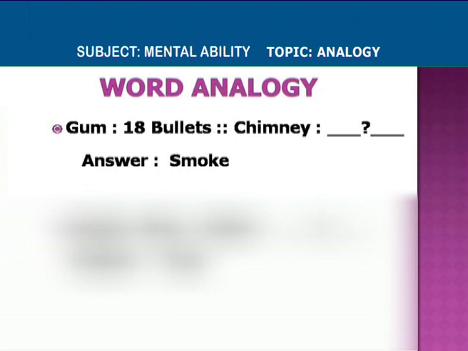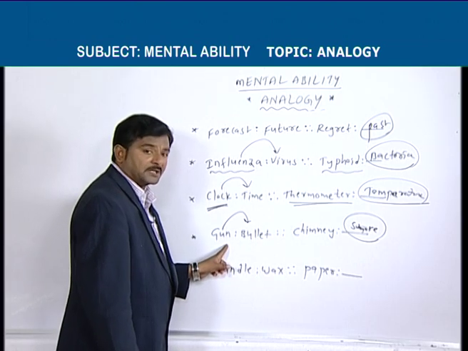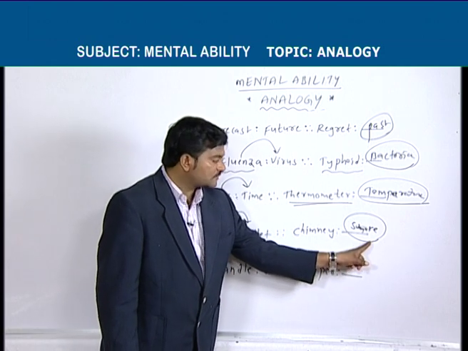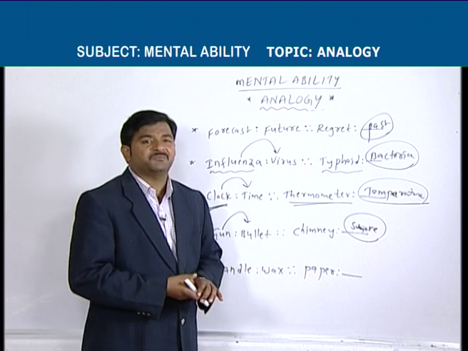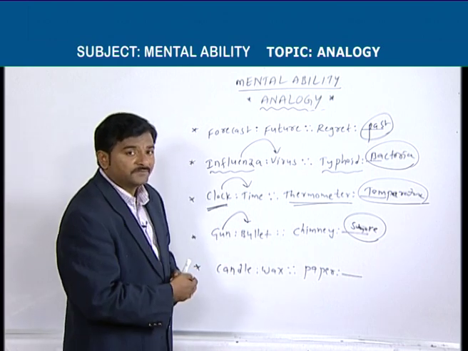Smoke will come out. We say smoke comes out of it. The second one comes out from the first one. I repeat, bullet comes out from the gun. Similarly, smoke comes out from the chimney. That means the second one comes out from the first one.